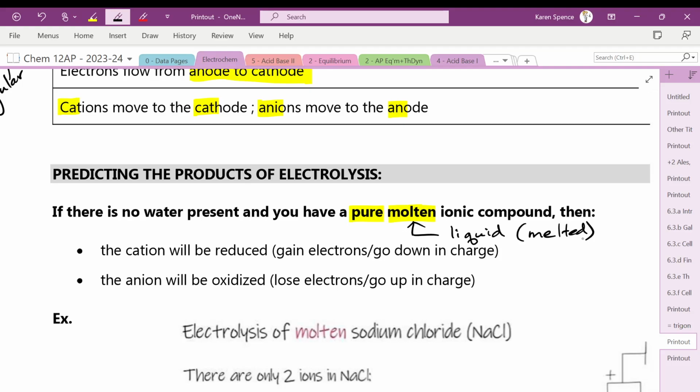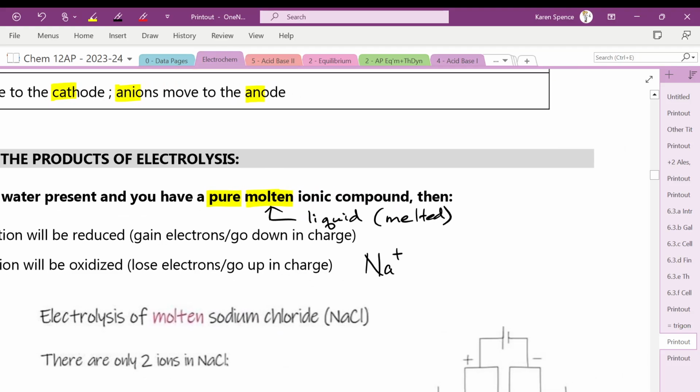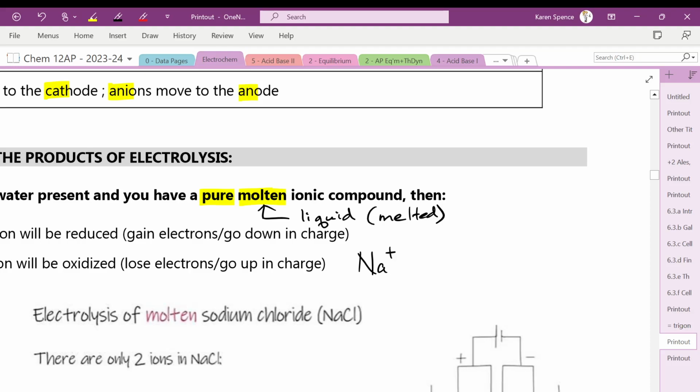Now, if you've got an ionic compound, there's not much choice as to what can happen. If you have Na, which is positive, can Na be oxidized? What would it become if Na were oxidized?